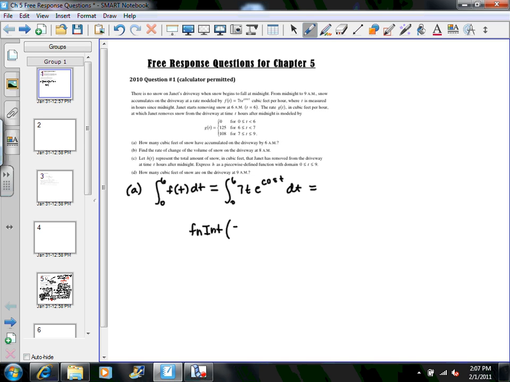You're going to plug in 7x e to the cosine x, and integrate from x goes from 0 to 6. So you'll fit it in just like that. When you do that, you get 142.274 or 275.